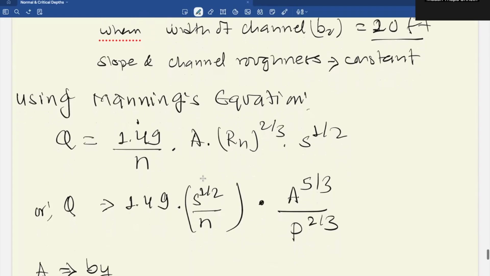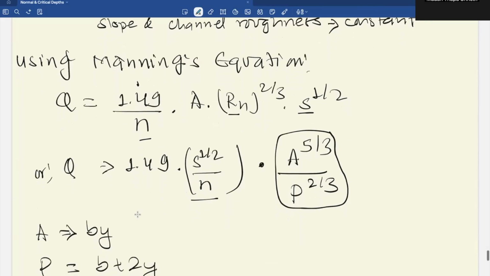Let us rearrange this, slope and n, because they are constant. And since hydraulic radius is area by P, I rearranged that and it became like this. So it will be easier for computation later.